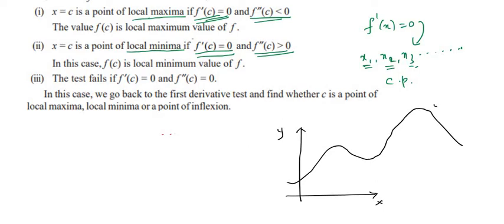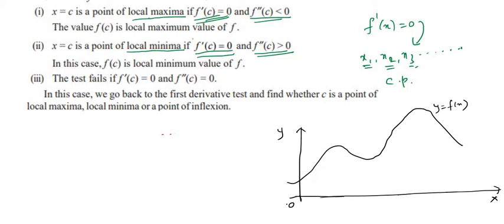This is the function y equal to f of x I am taking. Some standard graphs we know: a linear function always implies a straight line, that's why it is called linear. A quadratic function will always represent a parabola. We have studied all these things already. Now we'll come to our topic.